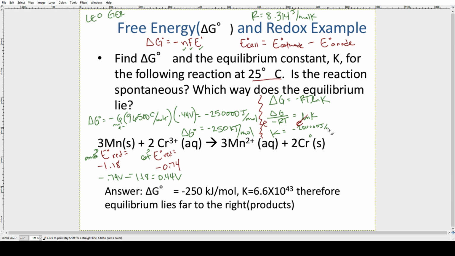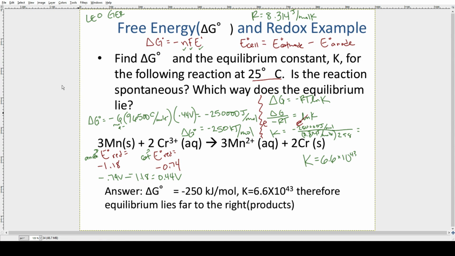This is per mole over R, 8.314 joules per mole Kelvin, and then times my temperature. Should be in Kelvin, so 298. And whew, sorry for how tiny that is. You should end up with the K value that's shown at the bottom of the screen, 6.6 times 10 to the 43.